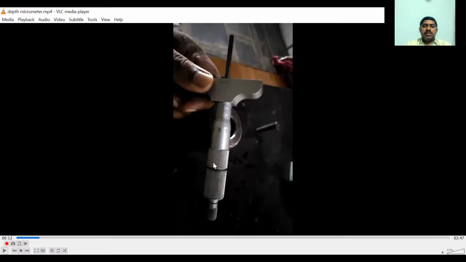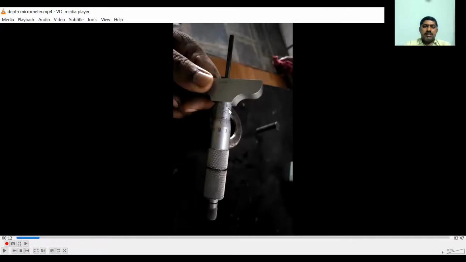That means when we insert this rod through this barrel, when the thimble is exactly at 25 mm, 25 division, then it shows the length: if it is the 25 rod, it shows 25. If it is 50, it shows 50. If it is 75, it shows 75.